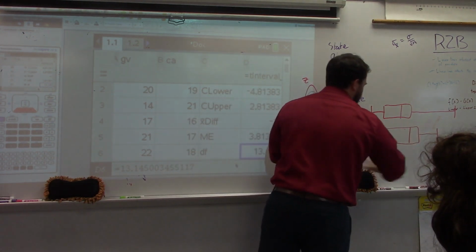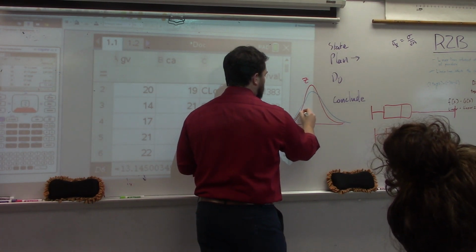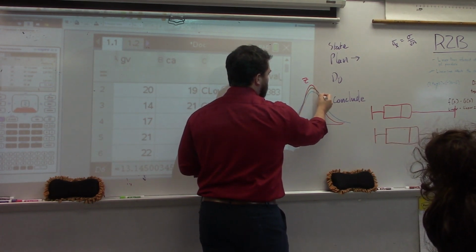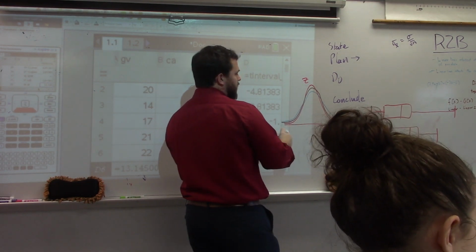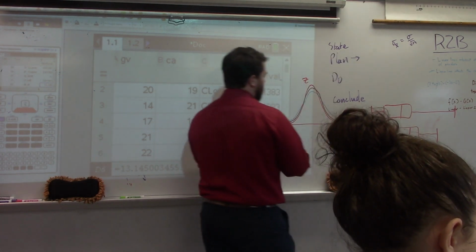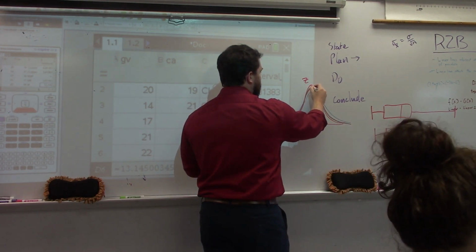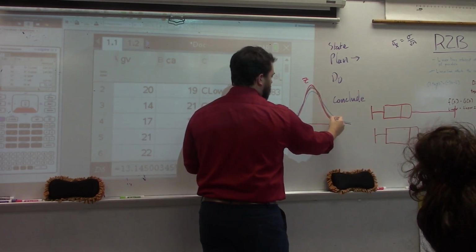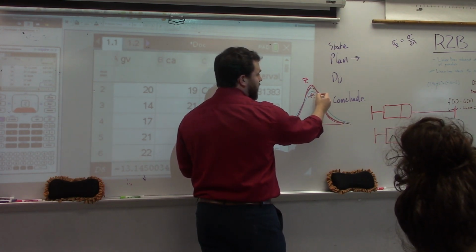The more you increase your degrees of freedom, which is based on my sample size, the closer the t distribution gets to the standard normal curve. So this blue one might have a degrees of freedom of, I'm making this up, 5.